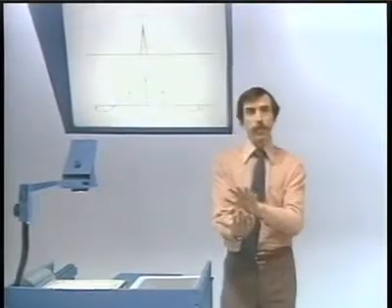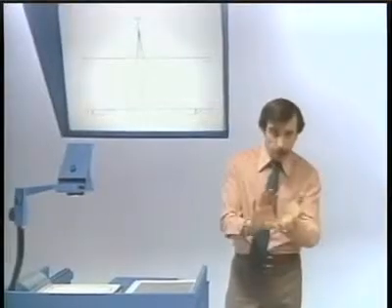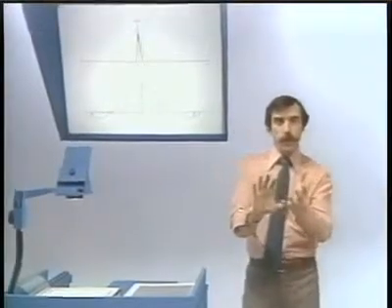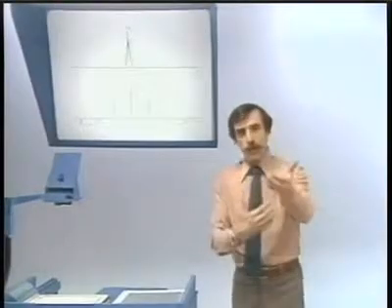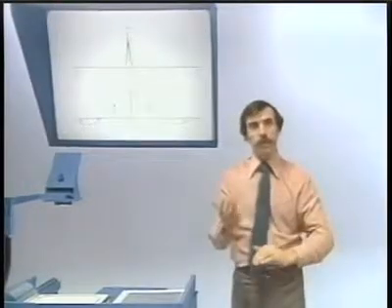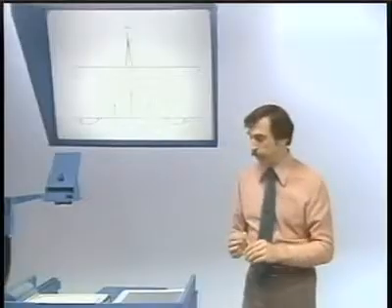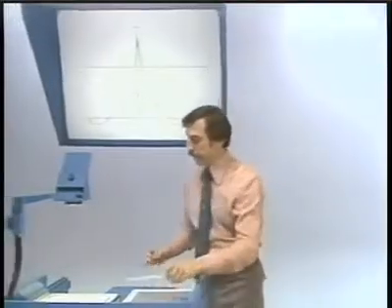Okay, so we have a time function. It's multiplied by this pulse train. Now we're talking continuous time. So in the frequency domain, we have the Fourier transform of the time function convolved with the Fourier transform of the pulse train. And let's see what that looks like.